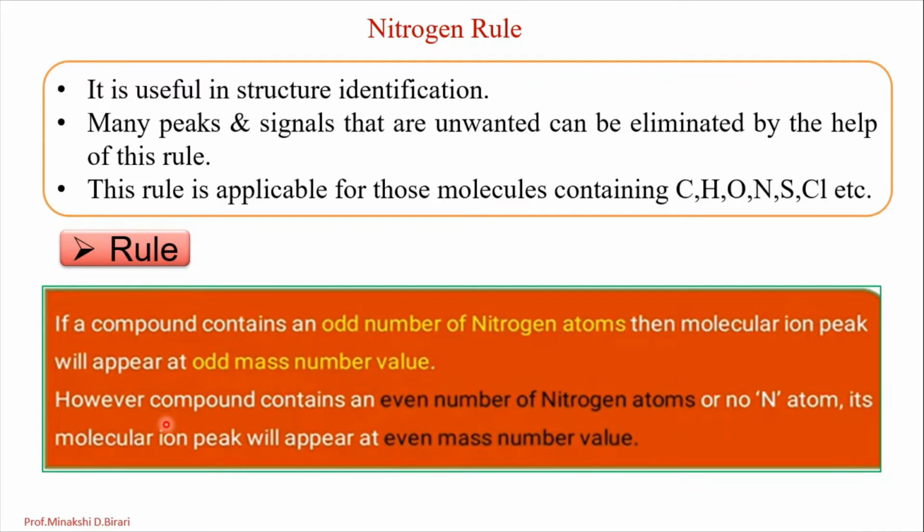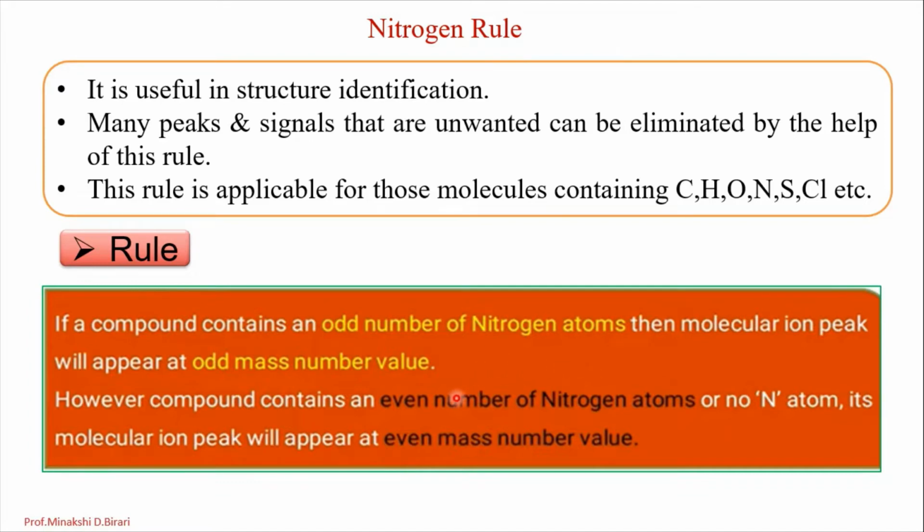If the mass of the molecule is odd, then the number of nitrogens present in the molecule should be odd. So, according to the nitrogen rule, a compound that contains an odd number of nitrogen atoms has an odd molecular ion, and it appears at an odd mass number value.